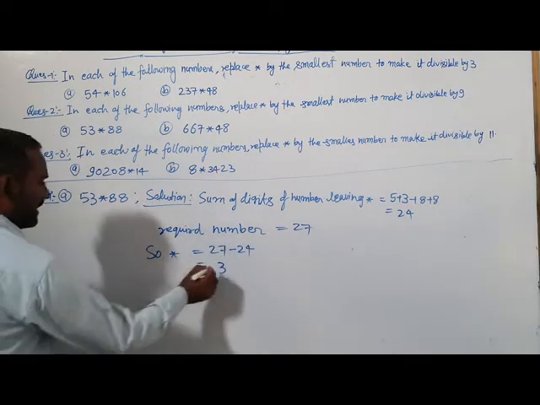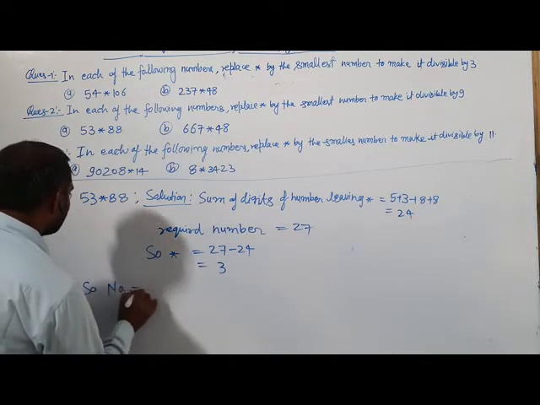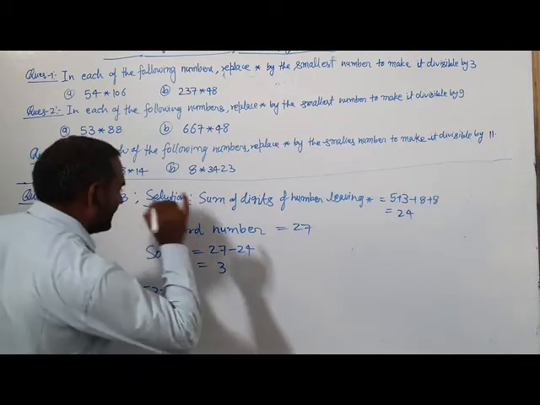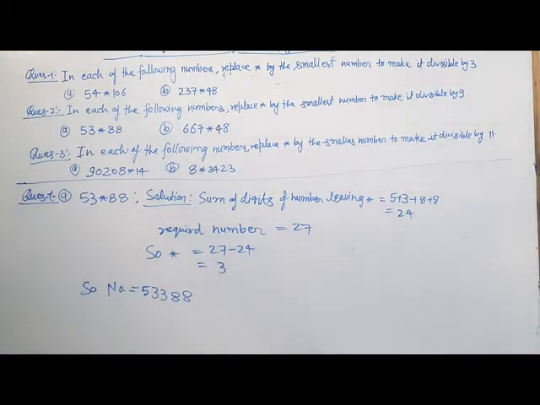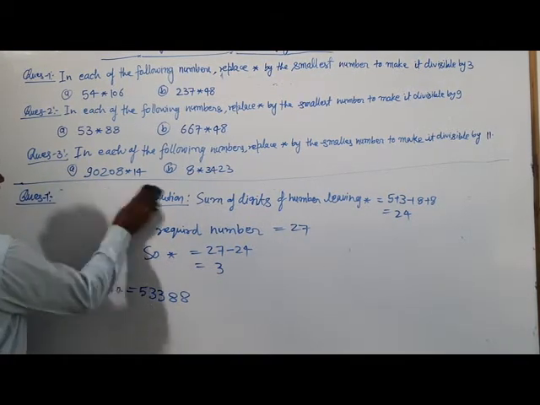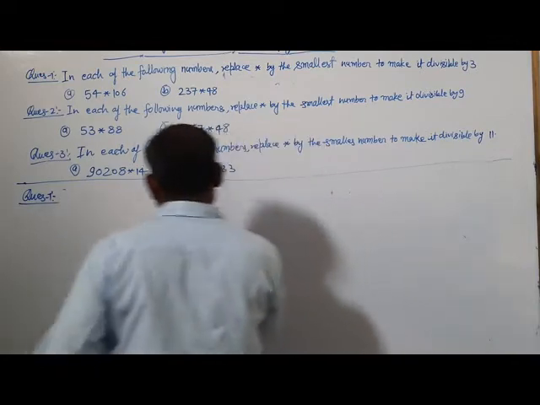So the number is 5 3 3 8 8. In this way you can get the value of star by replacing it with a number.